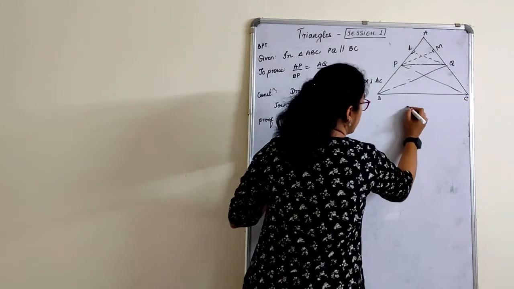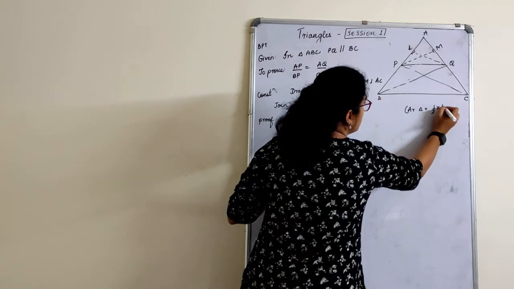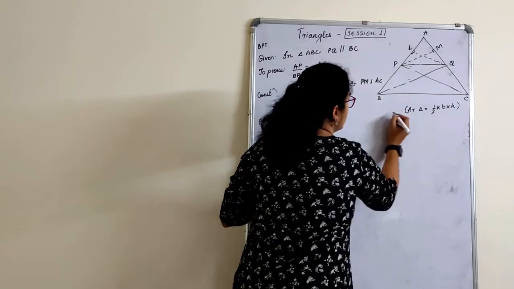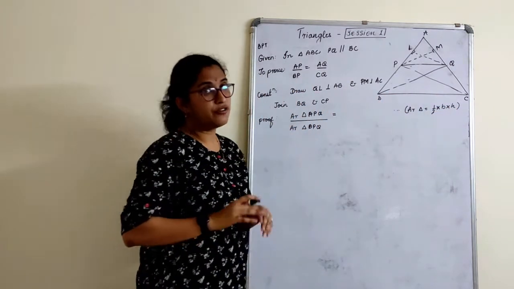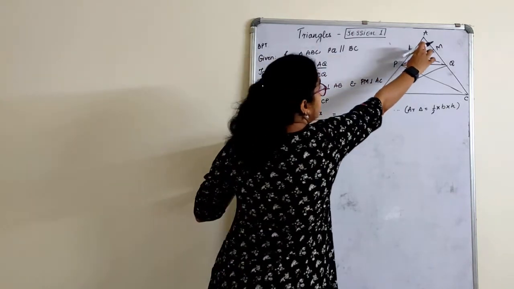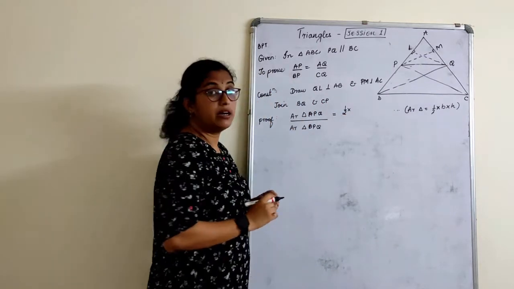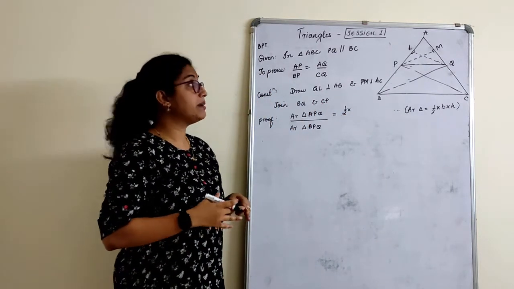How do we find the area of a triangle? I will just write in brackets: area of triangle is equal to half into base into height. This is the formula we have to write. Now with respect to triangle APQ, half into... what should be my base?